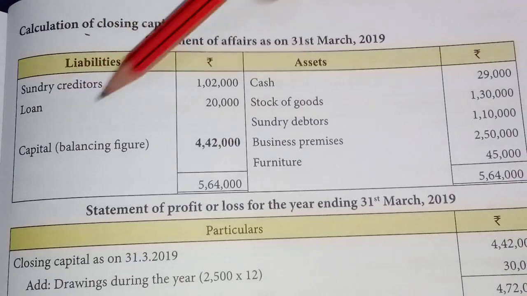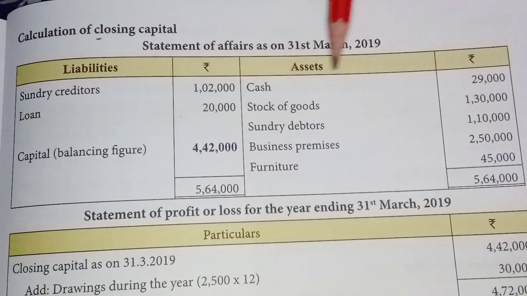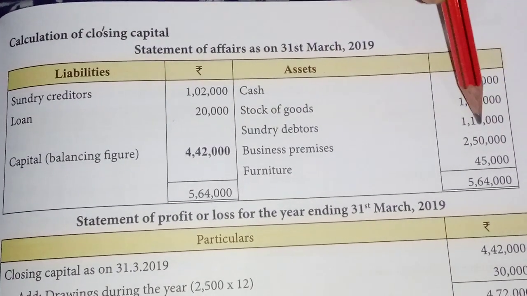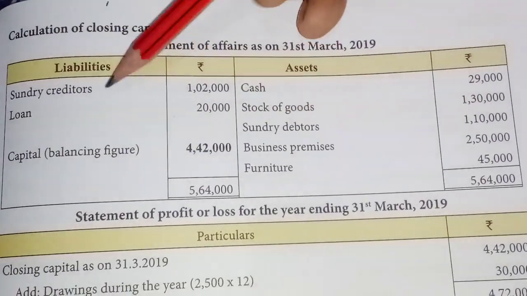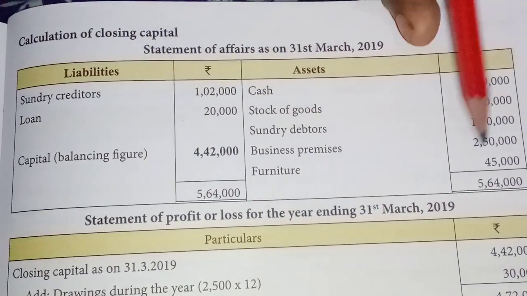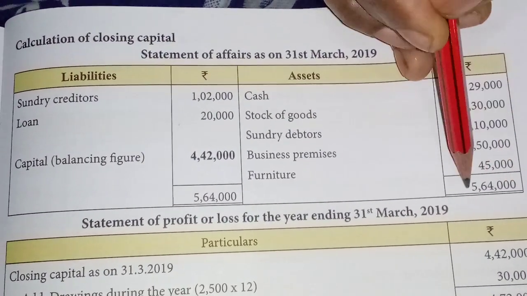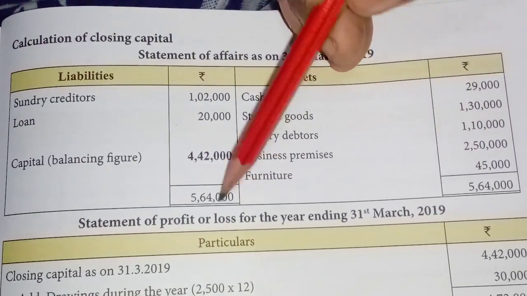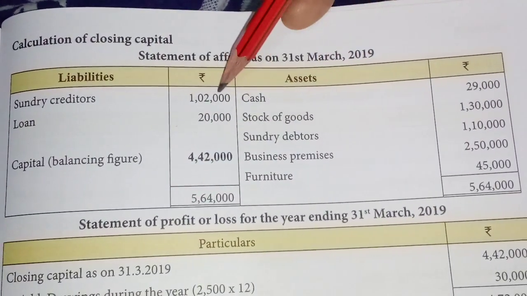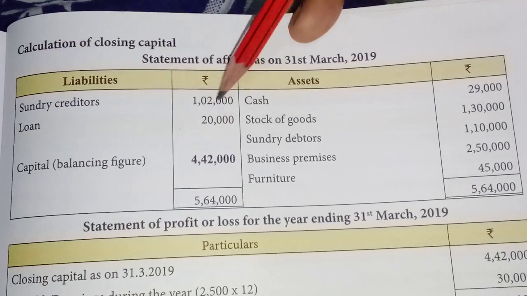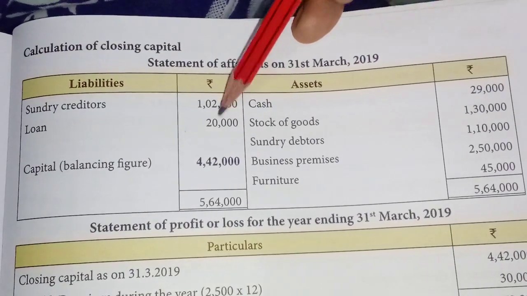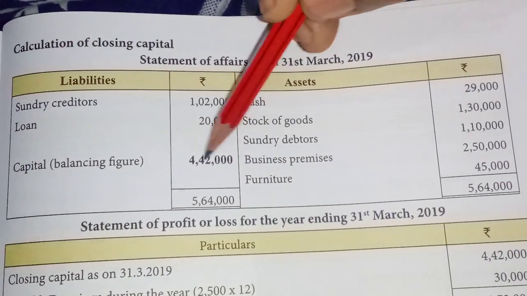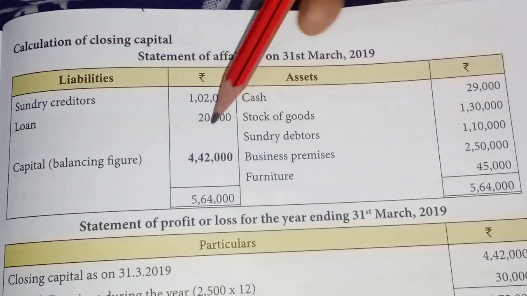Then sundry creditors, loan. Always you must be very careful in writing the amount. Then we have to add first this item. Then write the same amount on the liability side and find out the difference in the same way I have told you. If you write the digits correctly you can find it easily.